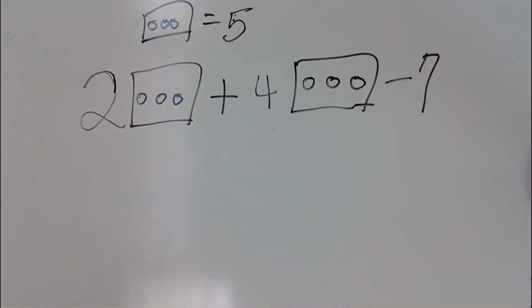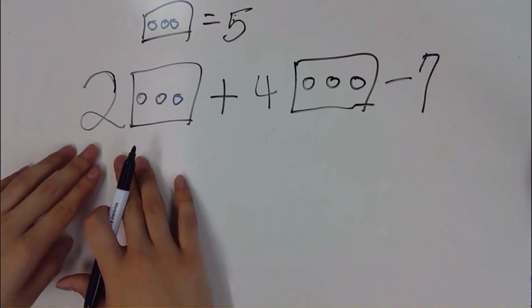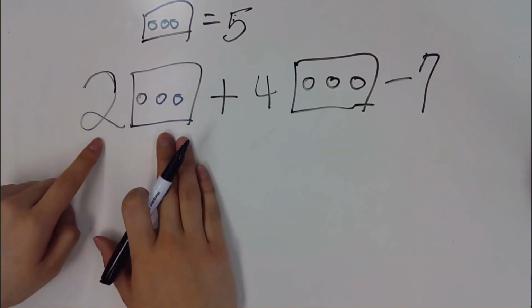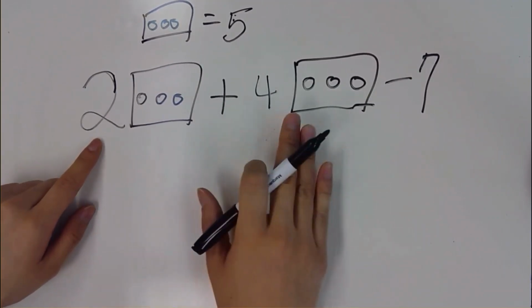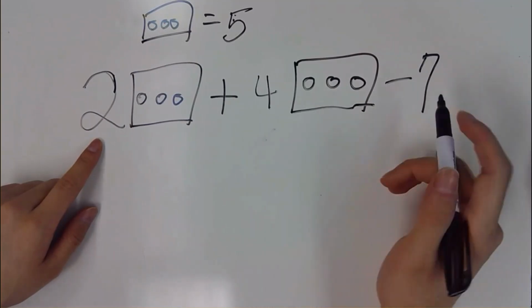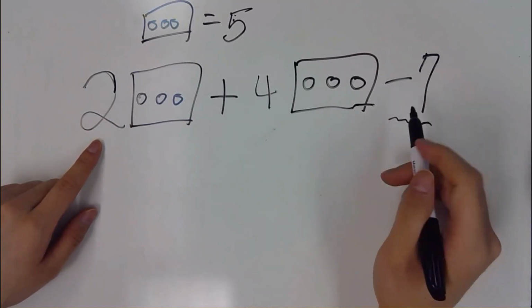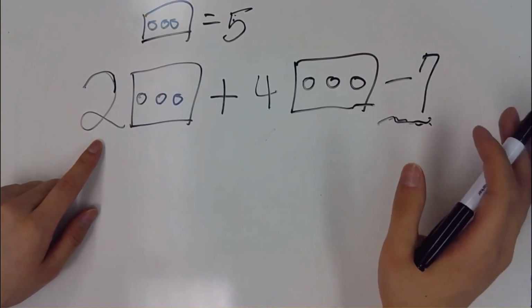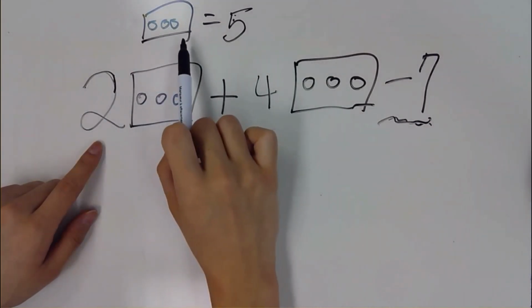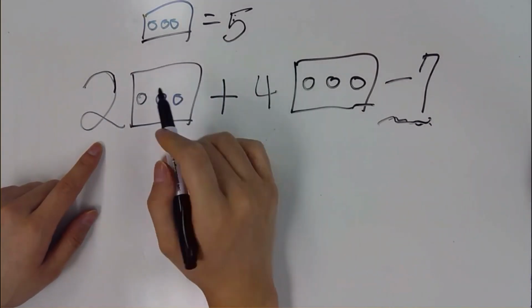Now, let's try to calculate how many sheep there are without the drawings of the sheep. Over here, I'm going to say that there are 2 boxes and another 4 boxes, and we're going to let 7 sheep go free, and in each box there are 5 sheep.